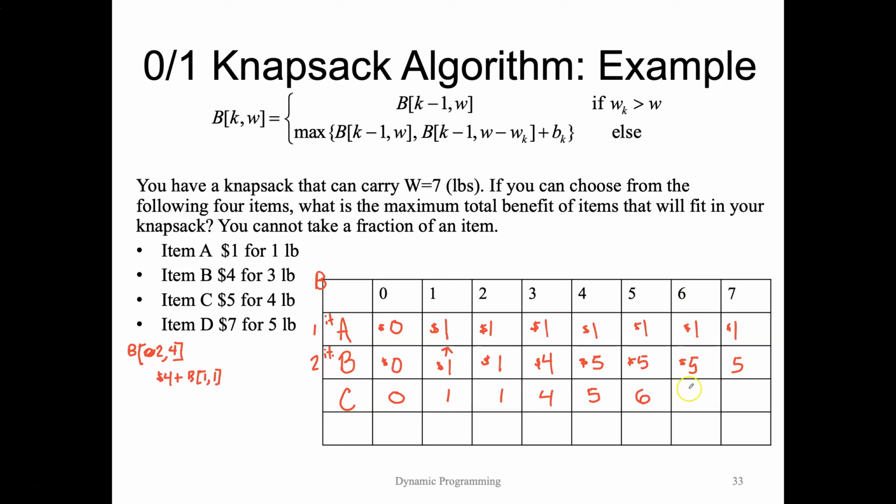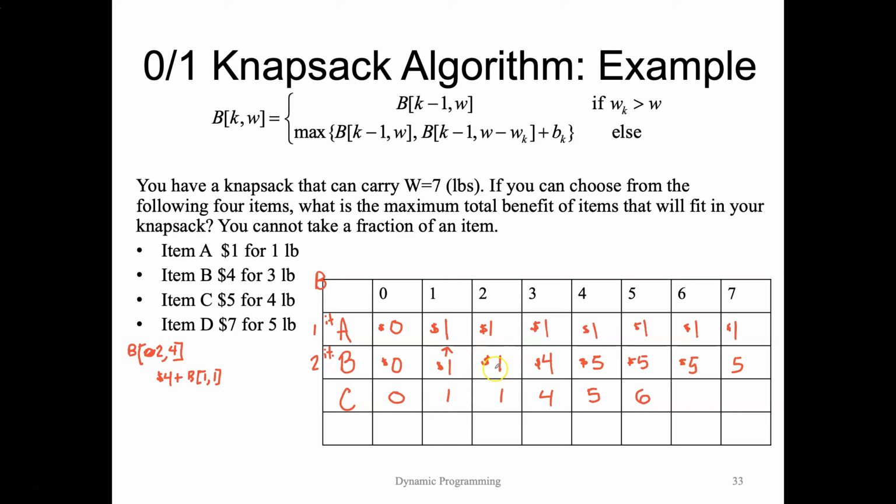If we can hold 6 pounds, without taking item C, we would only get $5. But if we do take item C, we would get $5 for item C, plus, since this carries 6 pounds and item C weighs 4 pounds, we're going to check to see how much we could get from the previous items if we could only carry 2 pounds.